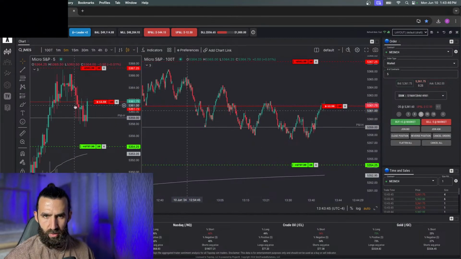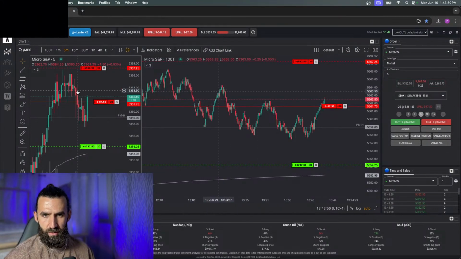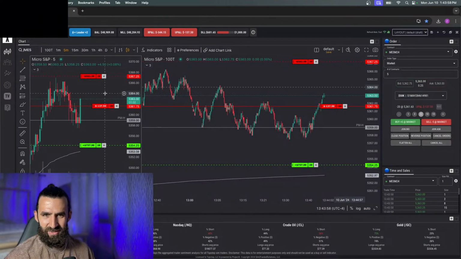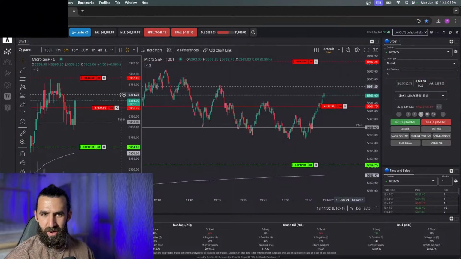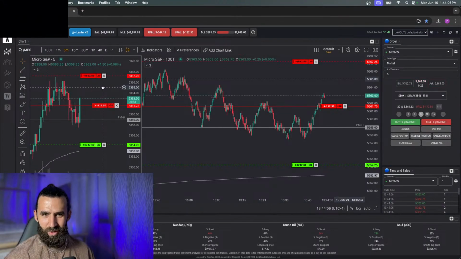Even on the 5-minute chart, we tested it right here. I felt if we were going to move higher, here was its chance to, but it looks like it's going to come and take me out of the trade here. So you'll see a loss, you'll see a daily loss limit hit if it does indeed come up there, and this will be my trade for this session. So we'll get it done nice and early.